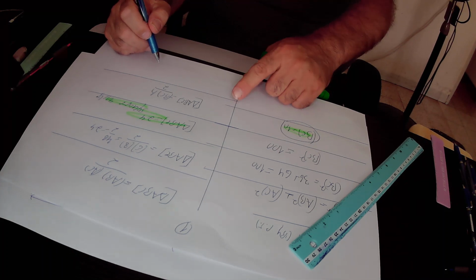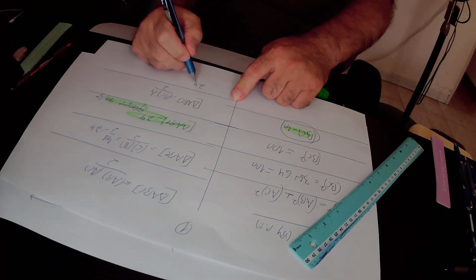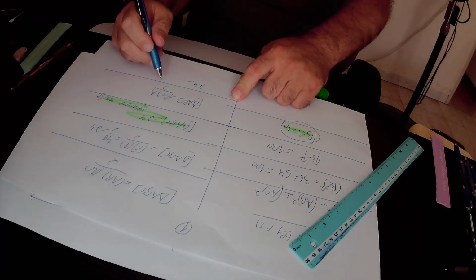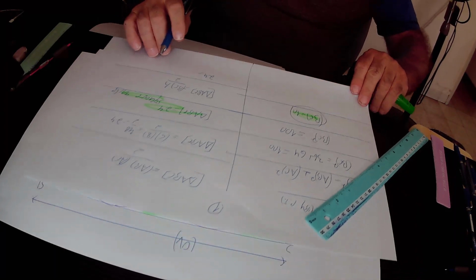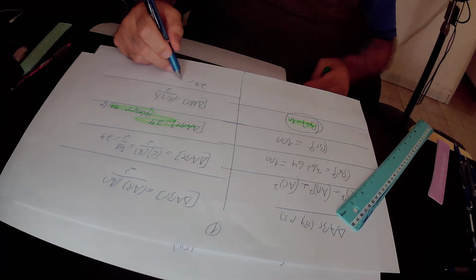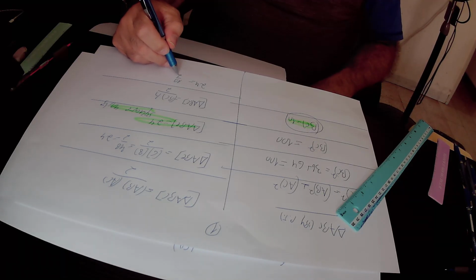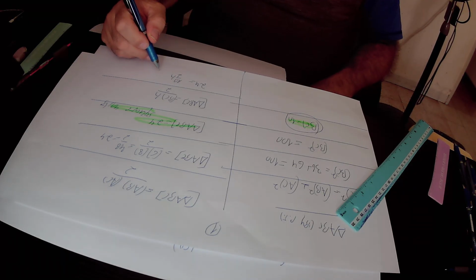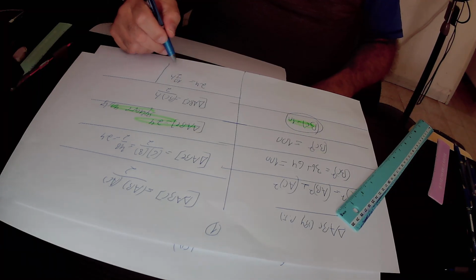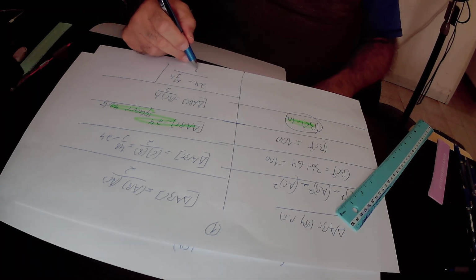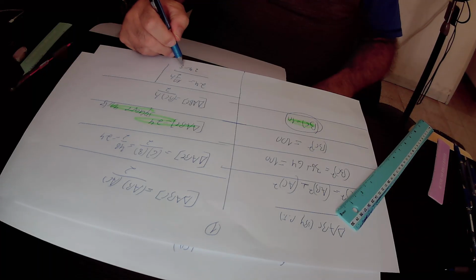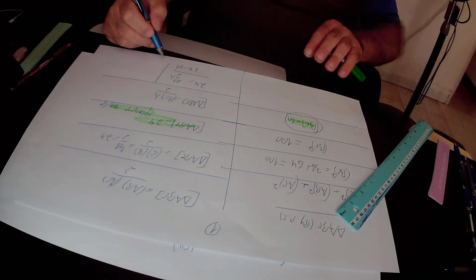The area of triangle ABC equals 24 square units, so 24 equals BC, and BC is 10, over 2 times H. 10 over 2 is 5, so 24 equals 5H.